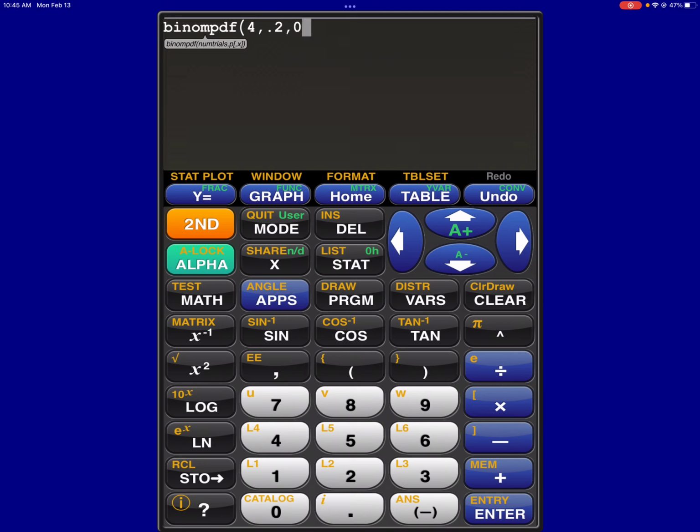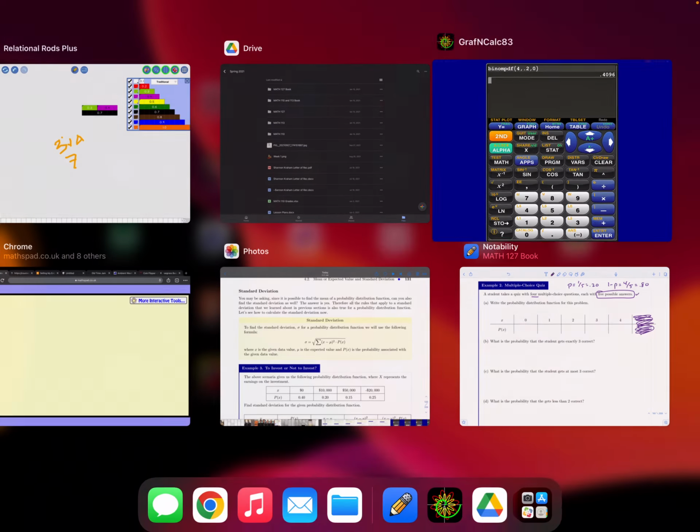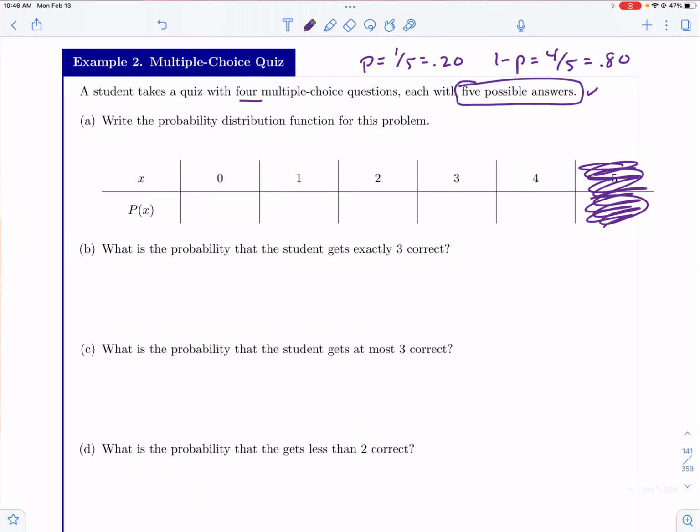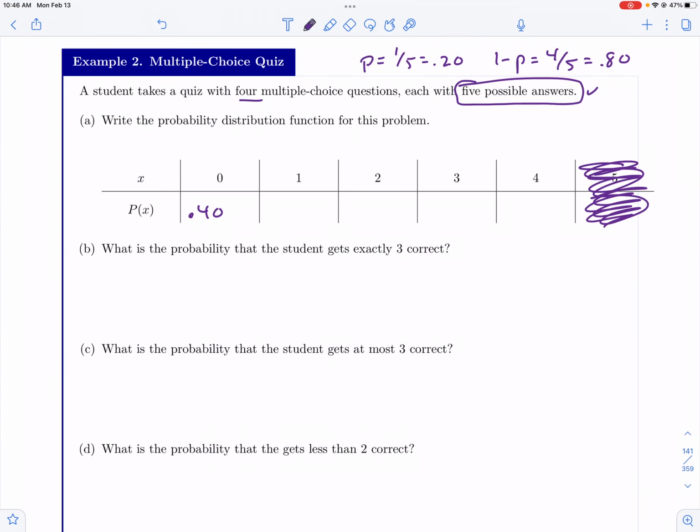So we're going to put our 0 in. And so that gives us 0.4096 is our probability of getting every single question wrong. So if I flip back over, 0.4096 is going to go there.